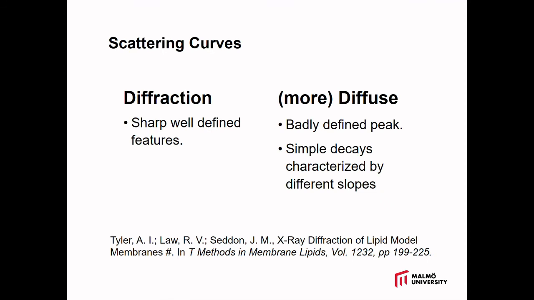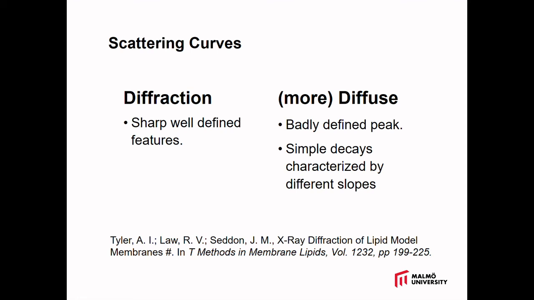If we think of the features on a scattering curve as two basic categories, there are diffraction features, which are the result of some well-defined correlation length, and the position of that allows you to measure some characteristic distances. In lipid membranes and self-assembled systems, one can use this to put together some information about the space group of the periodic structure, and there's quite a nice review there.